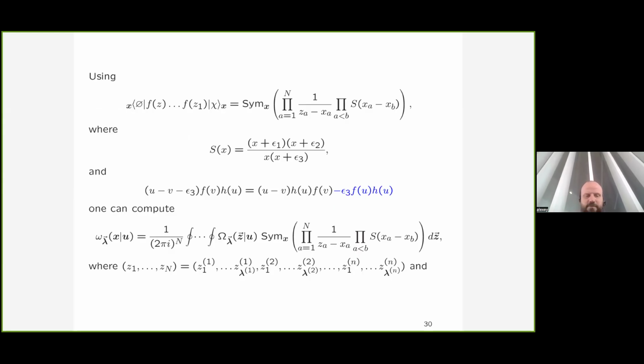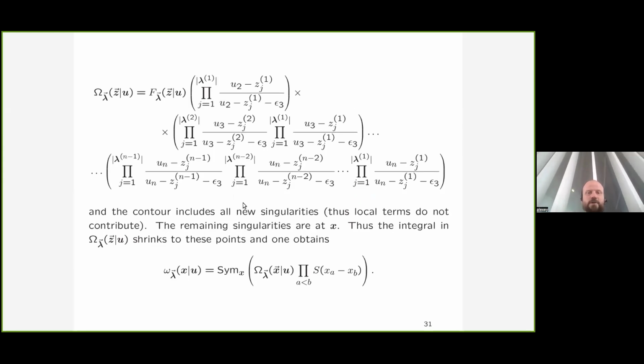It is a complicated expression, but you can write an algebra program in Wolfram Mathematica, and in principle, for any given tuple of partitions, you can compute omega very explicitly. It's some function which is very explicit but complicated. But at the moment, I don't need it. I just explained how to compute it, okay?